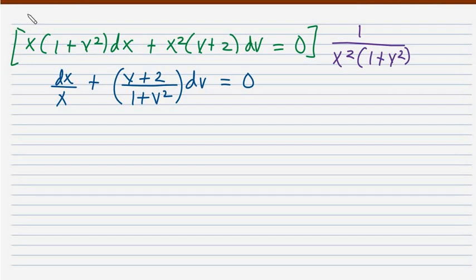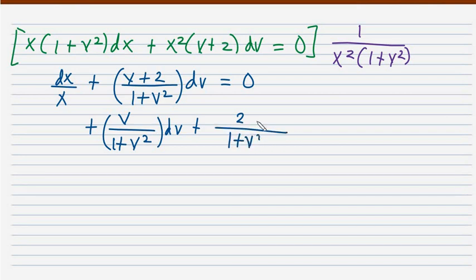As we can see here, the first term can be solved simply by using logarithm, and the second term can be solved if we separate the terms, which will become v over 1 plus v squared dv plus 2 over 1 plus v squared dv.